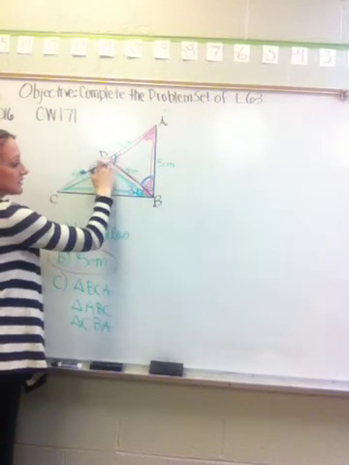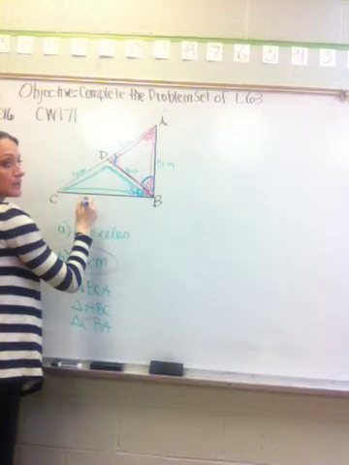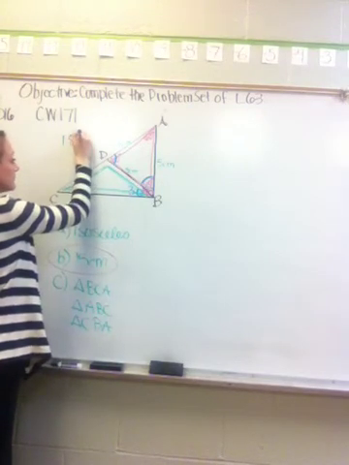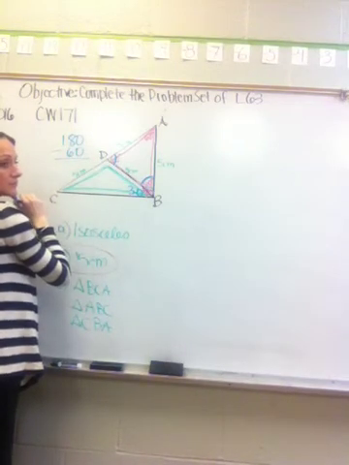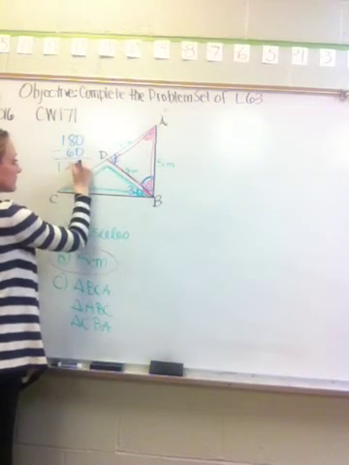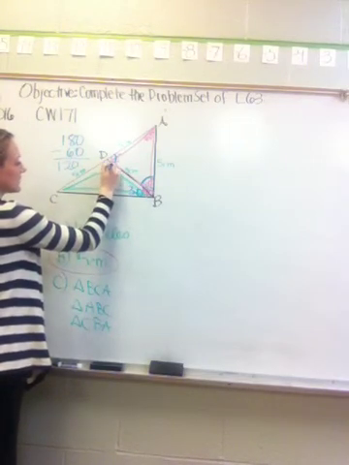So if that's 60, the whole line, the straight angle is 180. What's left over? 120. Now that line, I keep on. It looks like it's a right angle to me. I'm sorry, my drawing is not good.